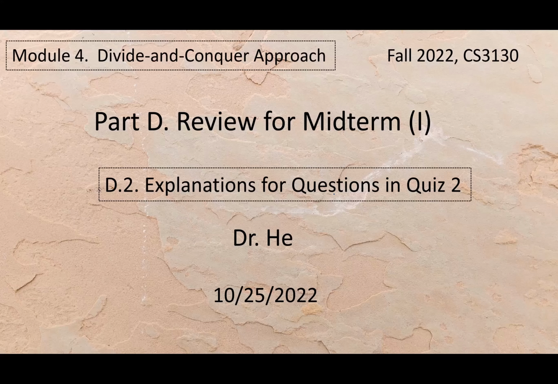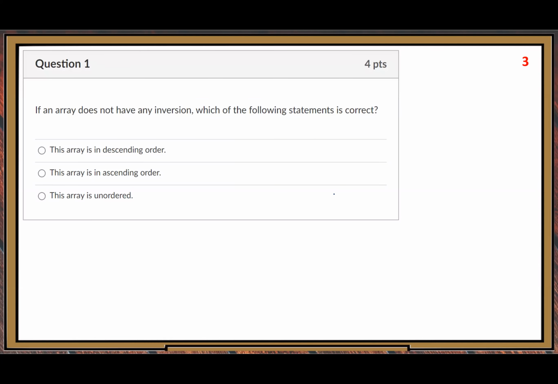Quiz number 2. The first question: if an array does not have any inversion, which of the following statements is correct? The answer is pretty easy, but since it's a review session, I like to talk about inversion related questions.